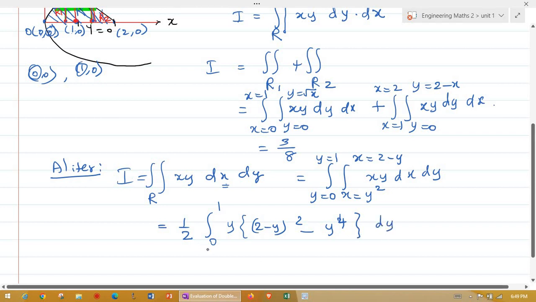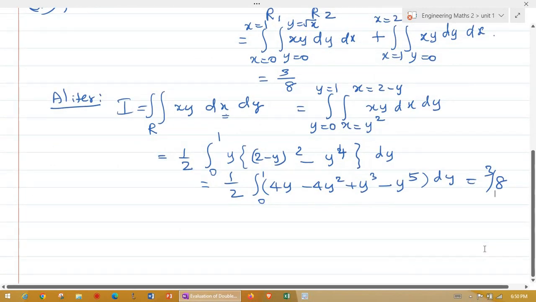Then that is equal to 1 by 2 integral from 0 to 1 of 4y minus 4y square plus y cube minus y power 5 dy, expanding that. If you simplify this, integrating and simplifying, you will get the answer 3 by 8.